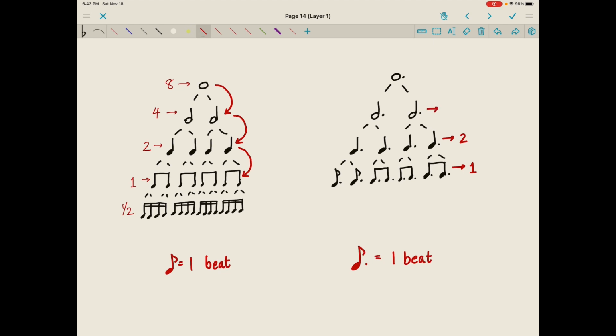A dotted half note would be worth 4 beats, and a dotted whole note would be worth 8 beats. If we were to designate a dotted quarter note as our beat or pulse note, we could assign 1 beat to dotted quarter notes, 2 beats to dotted half notes, and 4 beats to dotted whole notes.